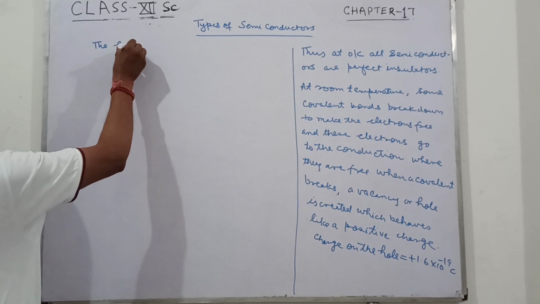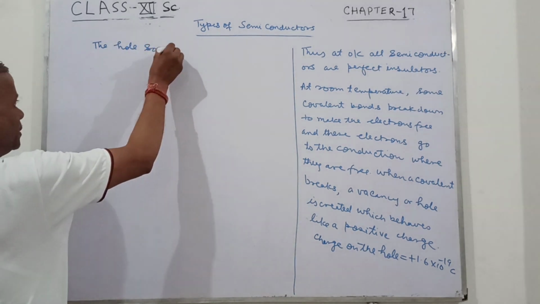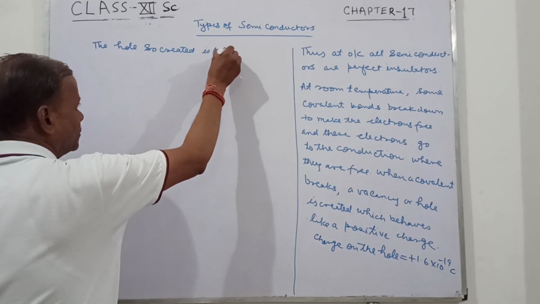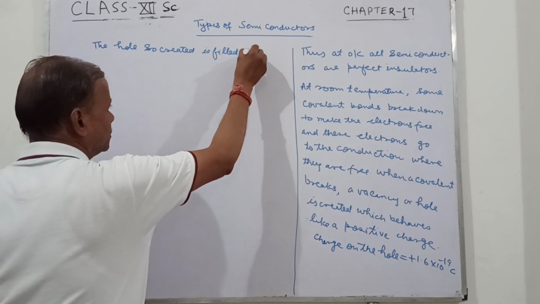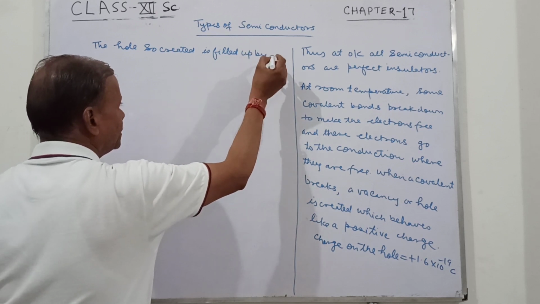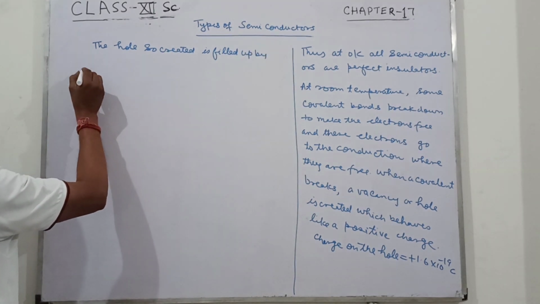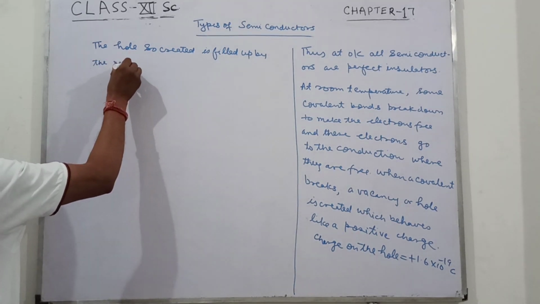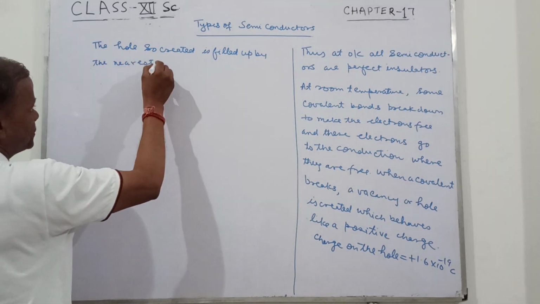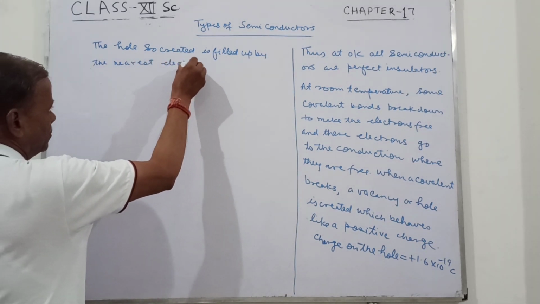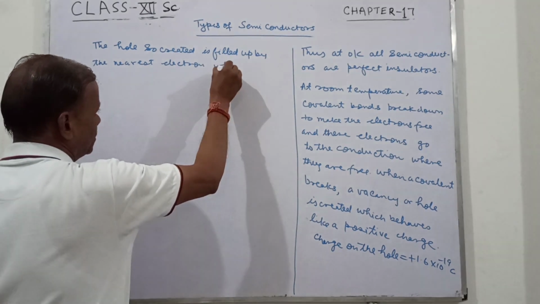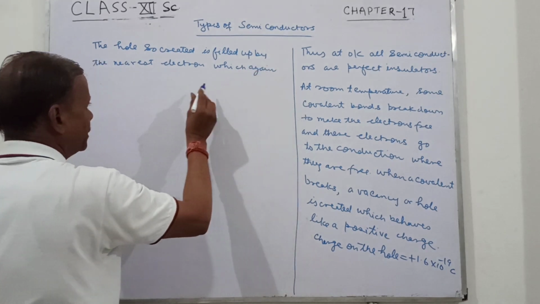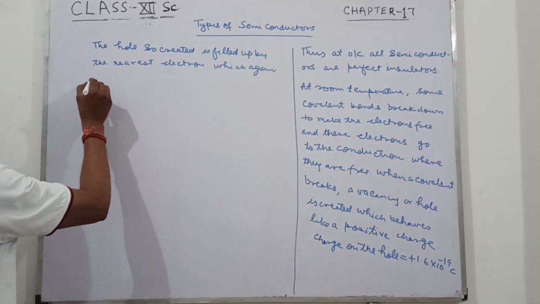The hole so created is filled up by the nearest electron, which again makes a vacancy.